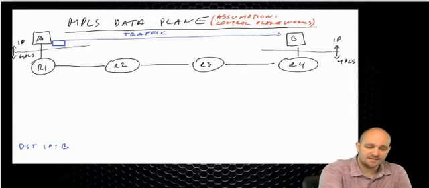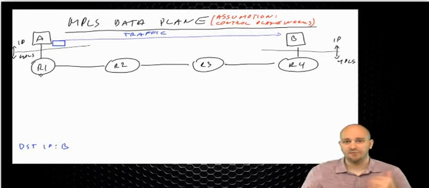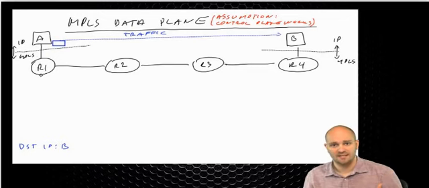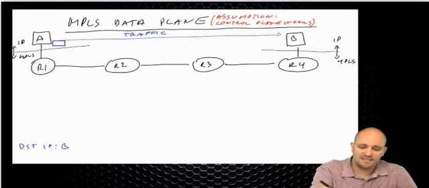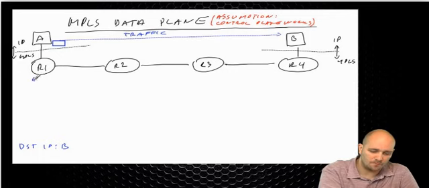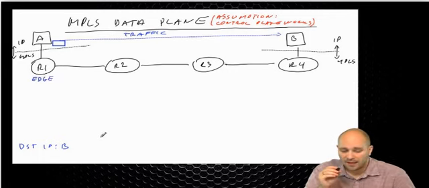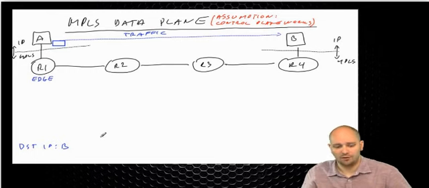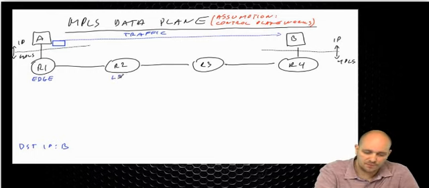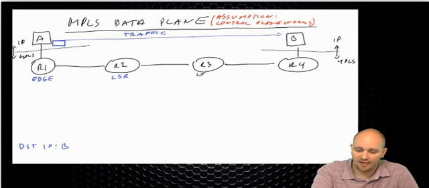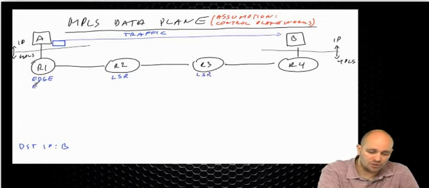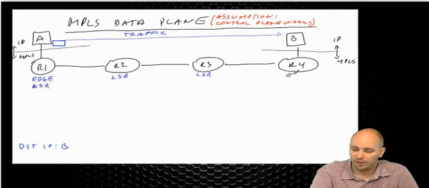So A is an IP node, and R1 is the first node that sits on the MPLS network. Now, because it is sitting at the edge of the network, this is going to be called an edge node. Now, in MPLS, all the routers are called LSRs. LSR stands for Label Switching Router. So R1 is going to be edge LSR, and R4 here is also going to be edge LSR.